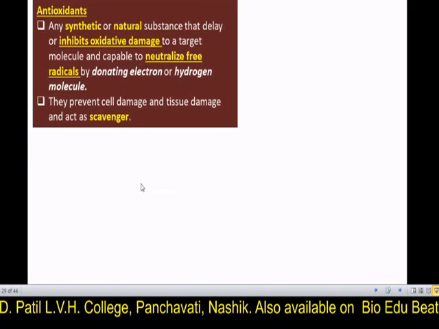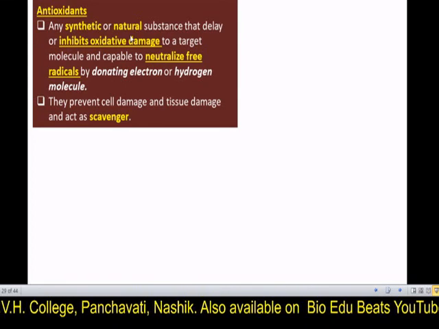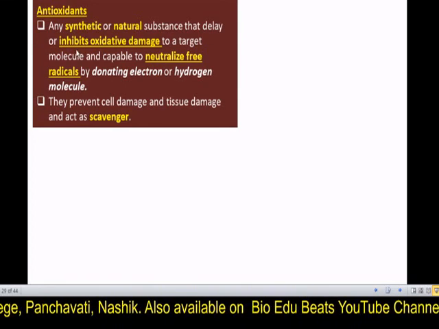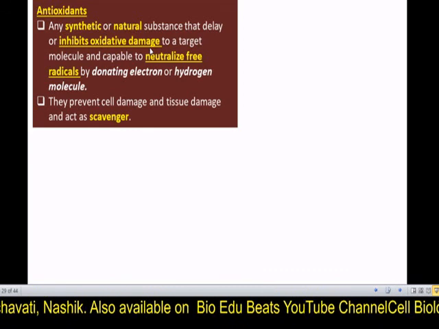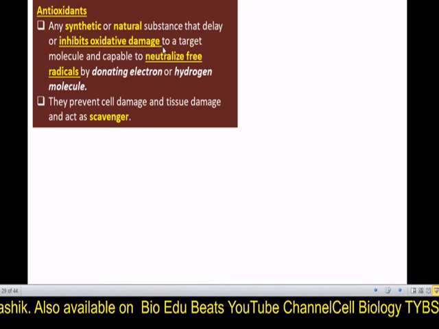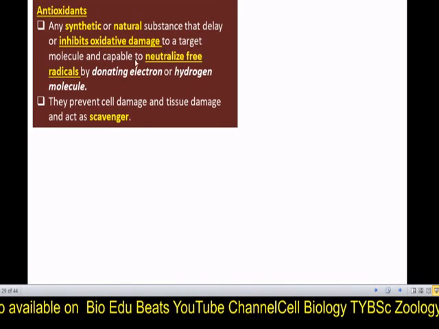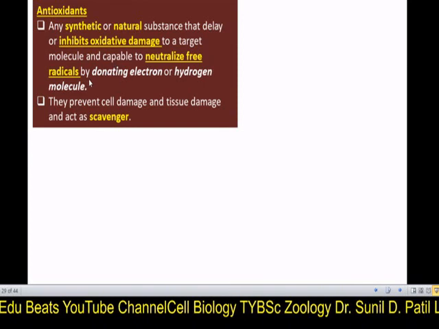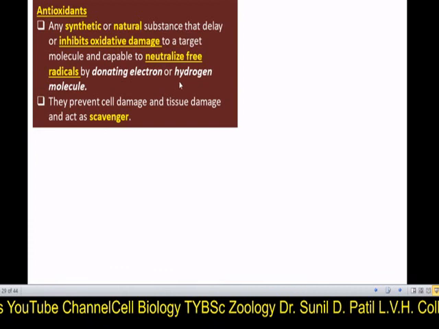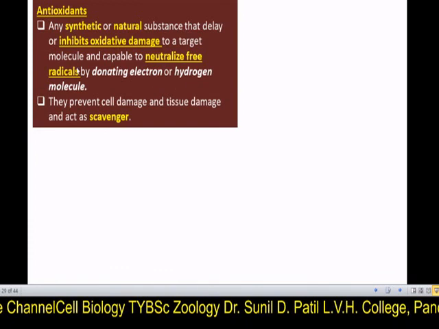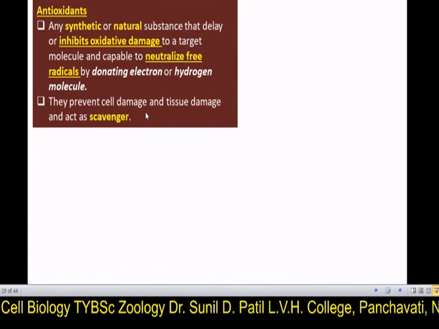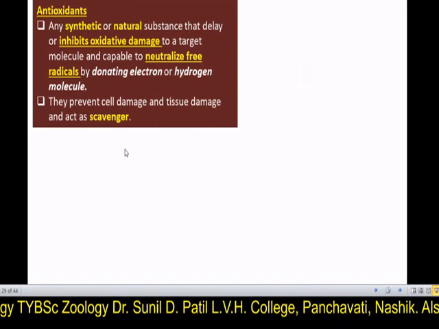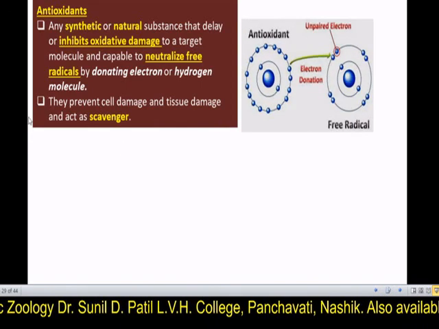So what is an antioxidant? Any synthetic or natural substance that delays or inhibits oxidative damage due to free oxygen radicals to a target molecule, and is capable of neutralizing free radicals by donating an electron or hydrogen atom. They are called antioxidants. They prevent cell damage and tissue damage and act as scavengers.